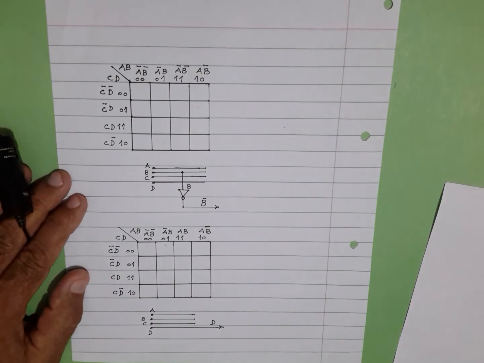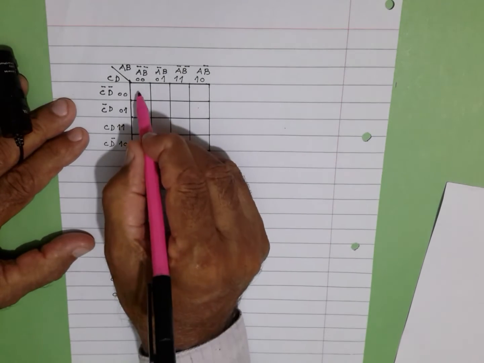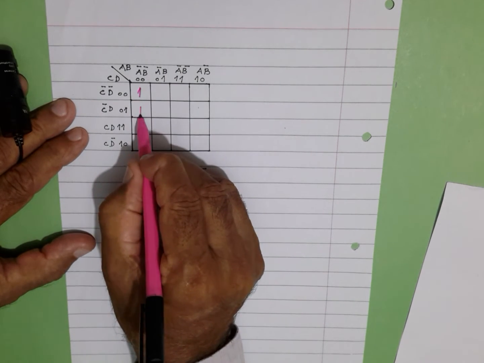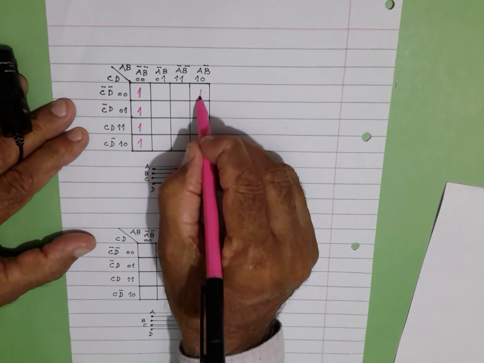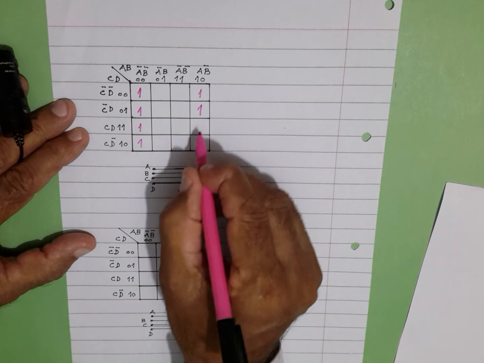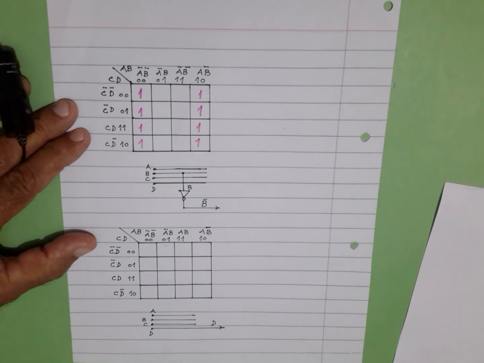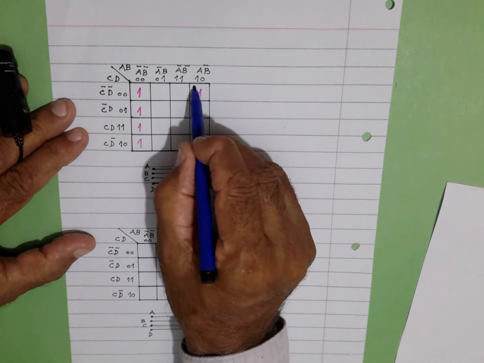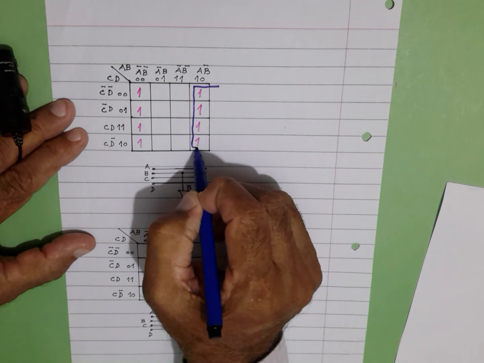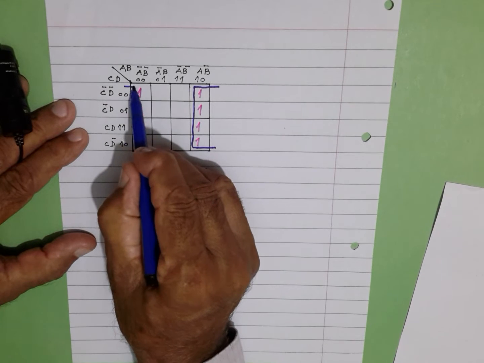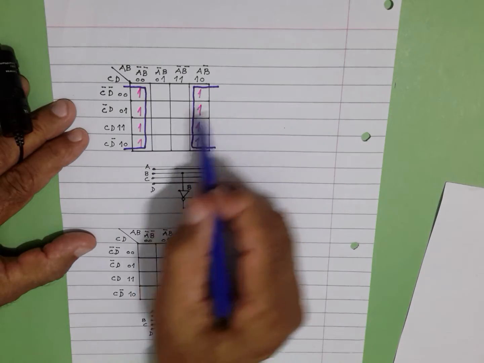The third example is four minterms, they can be grouped when we roll or when we are going to fold it. This can make group with this.